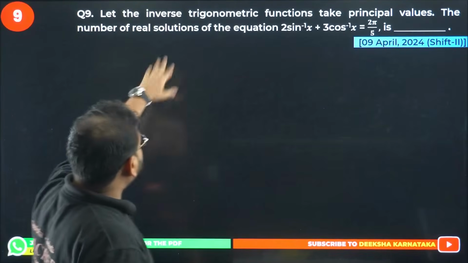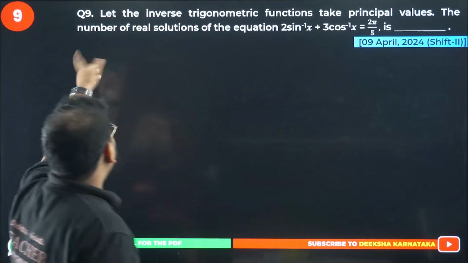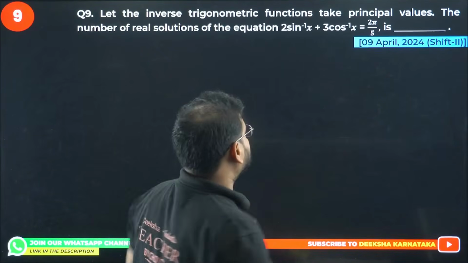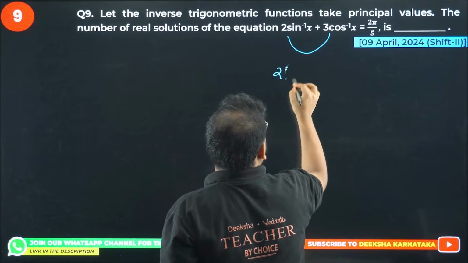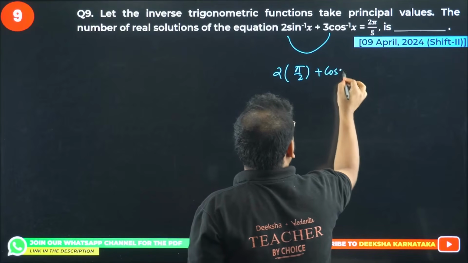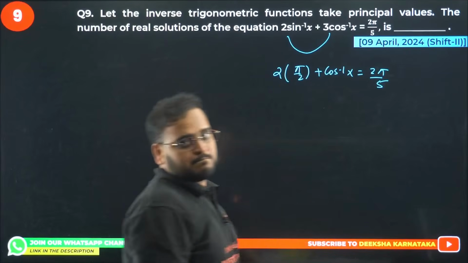Let the inverse trigonometric functions take principal values. The number of real solutions of the equation 2 sin inverse of x plus 3 cos inverse of x equals 2 pi by 5. Think about it.